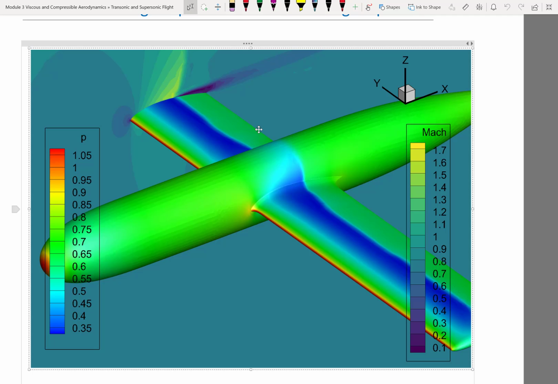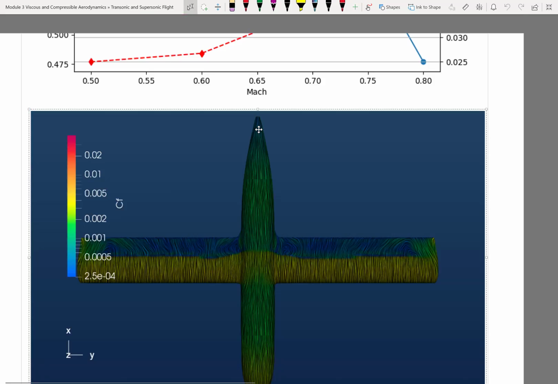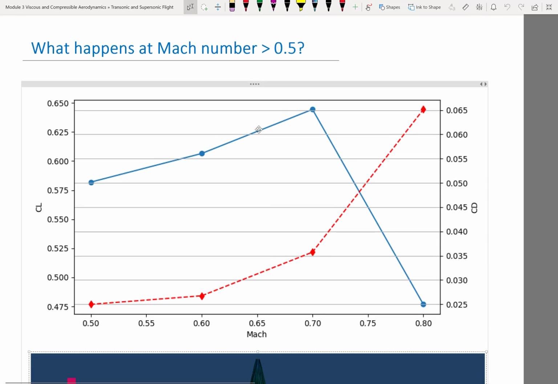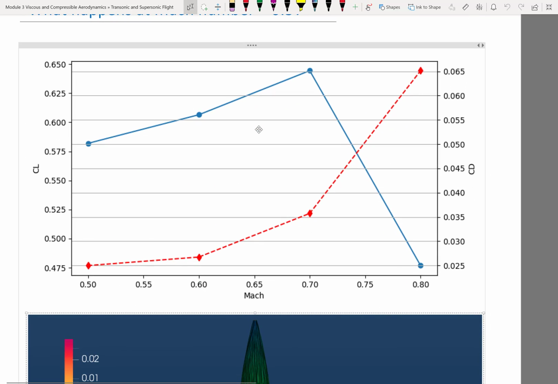It goes with the airplane, right? Additional kinetic energy in the separation region. That's basically flow separation drag. So this wave drag and the drag due to flow separation is really responsible for the very dramatic rise in the drag coefficient as the flow goes into the transonic regime.